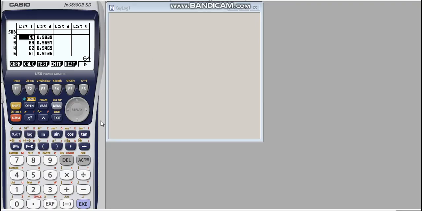Using my calculator, I've put in a few more values. We were looking for greater than 0.9, so 61 gave us 0.91. I come down, 60 gave us 0.86, so 61 is the first one greater than 0.9.